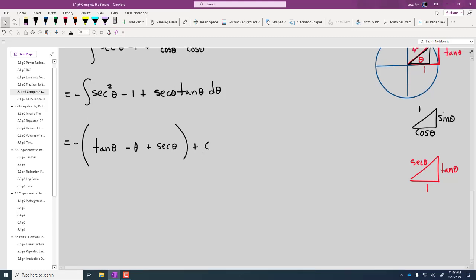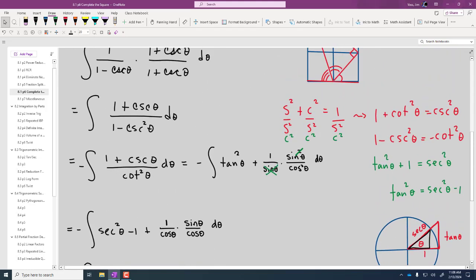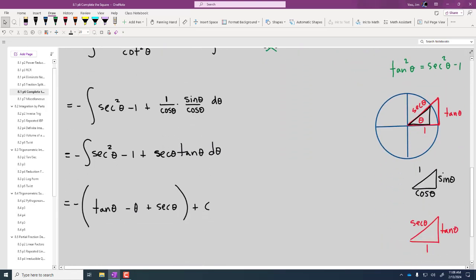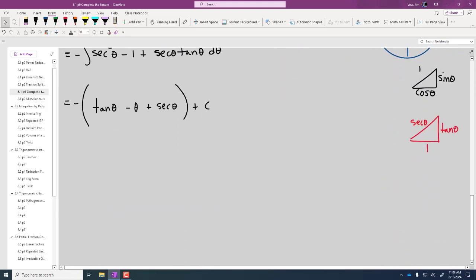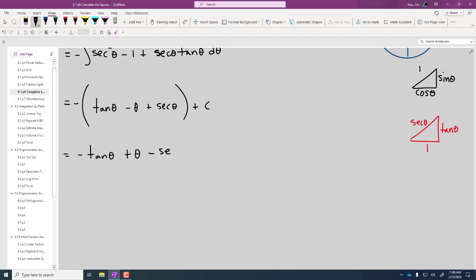I have no memory of where we started. It seemed like it was a mile long ago. All right, there's no limits of integration. That's all we have. So the only step left is to distribute that minus sign. So we have minus tangent of theta plus theta minus secant of theta plus c. This is the antiderivative you've been looking for. All right, we can go home.